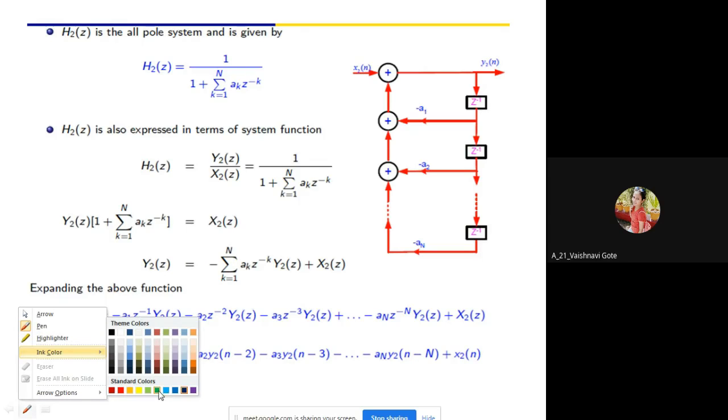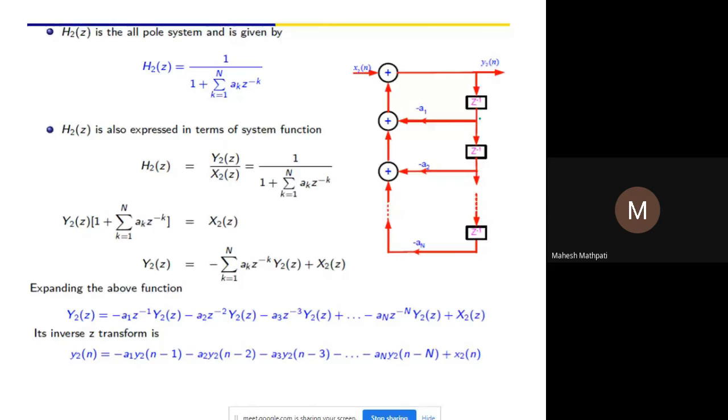y2 of n minus 1. So here we will get y2 of n minus 1. Okay. And then next, if I pass this y2 of n minus 1 through this delay, what we will get again? y2 of n minus 2.